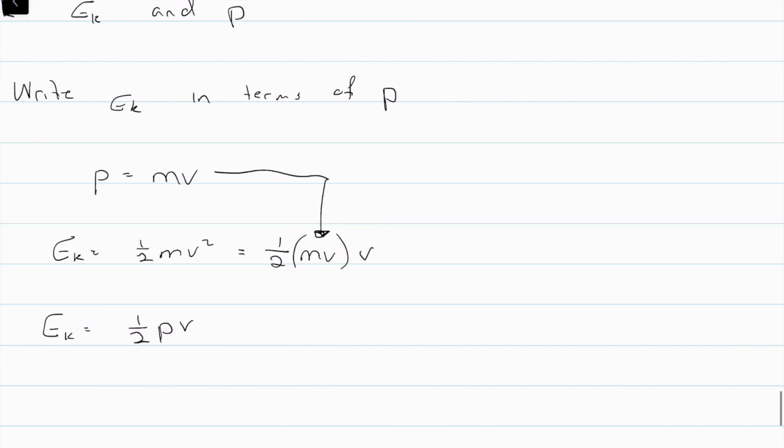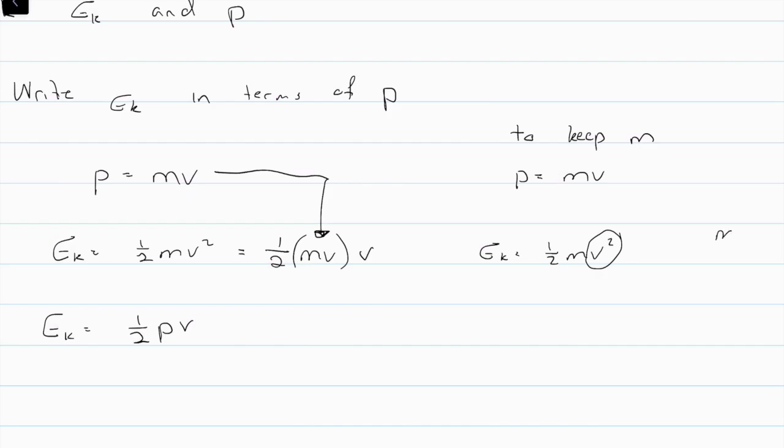Okay, we can also look at this in another way if we wanted to keep the mass term, to keep m. We know that momentum equals mv and EK equals a half mv squared. I want to get this v squared term, so I'm going to square this entire term.